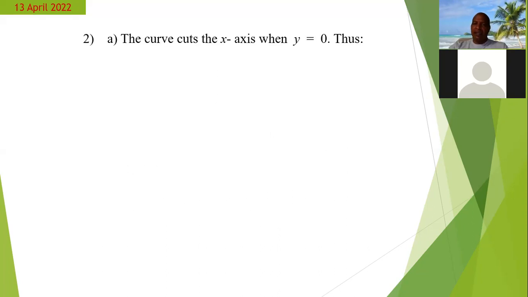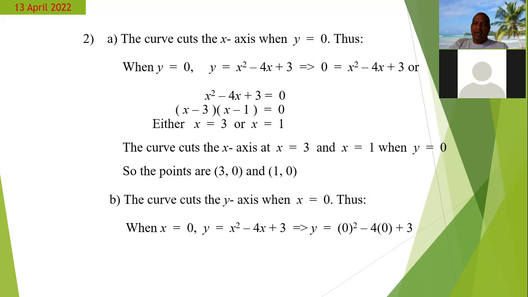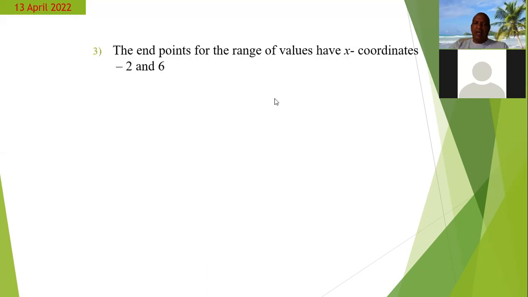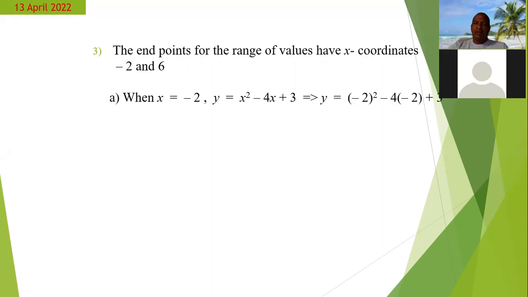All right, guys? So here we are now at the endpoints. So we want to now find out at the endpoints what the values for y are. So we put in the 2 x values and calculate.